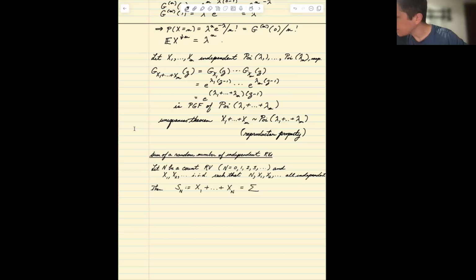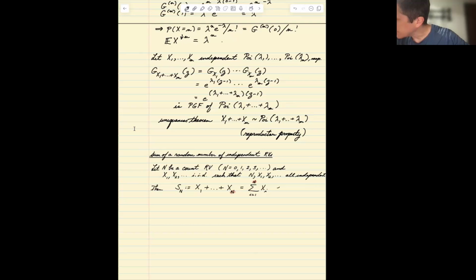So we have a sum of random variables, but how many of them we add up is random. We have indefinitely many random variables, X1, X2, X3, etc. How many of them we actually add up is a random number itself.